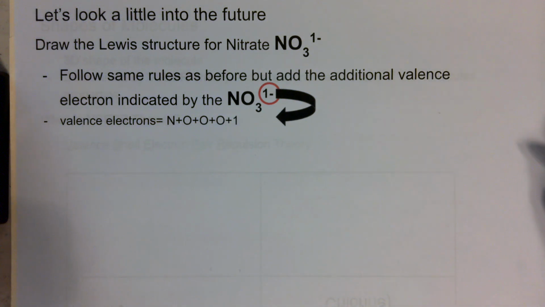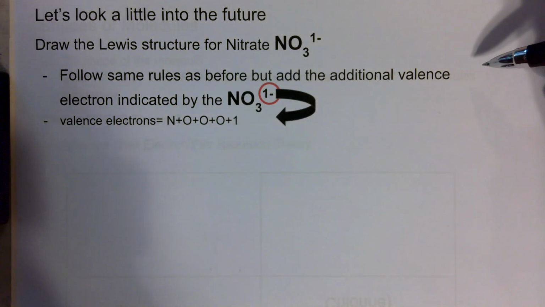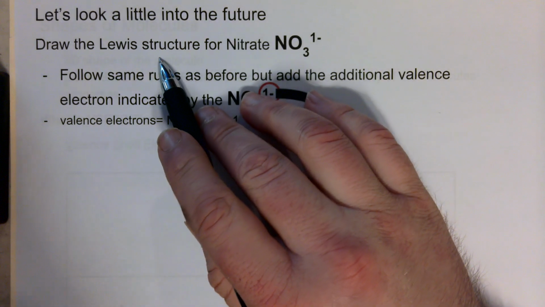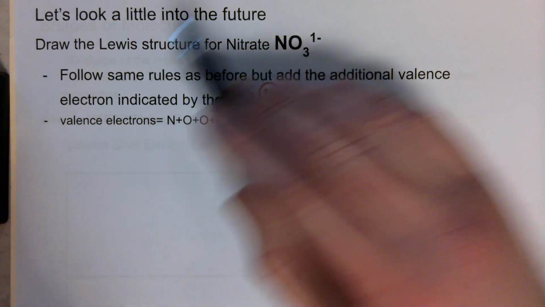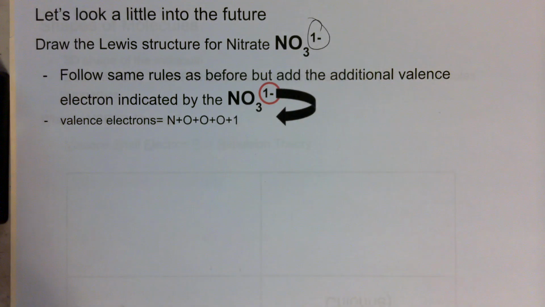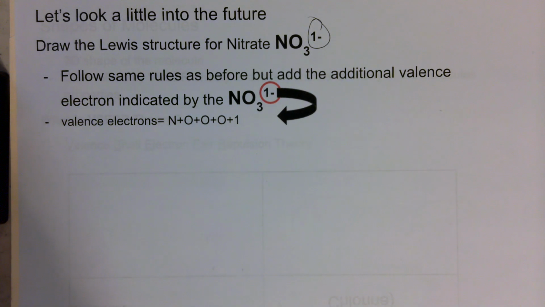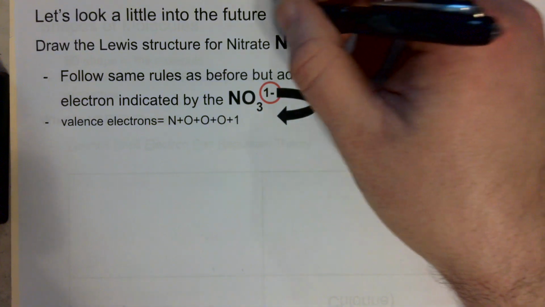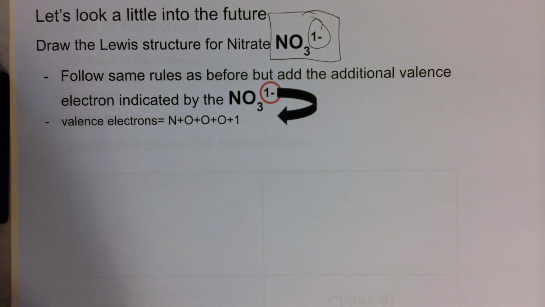But here, I want to focus on drawing their Lewis structures, because this seems weird. What's going on with that? That just means there's an extra electron in this compound.